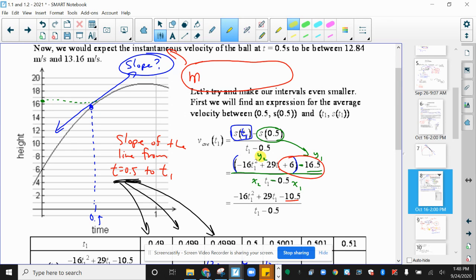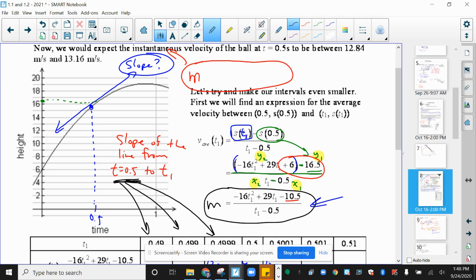So here's our y2 minus y1 over x2 minus x1, except we made our x2, y2 be t1, comma, and then what the function was, because that's what y is equal to anyway. We knew y was equal to this function. So we used the entire function, and it's simplified to give us this slope formula now.